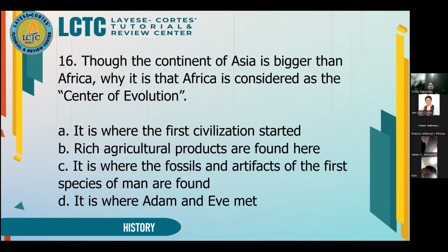Why? Is it A, it is where the first civilization started? B, rich agricultural products are found here. C, it is where the fossils and artifacts of the first species of man are found. Okay, so what do you think is the answer?